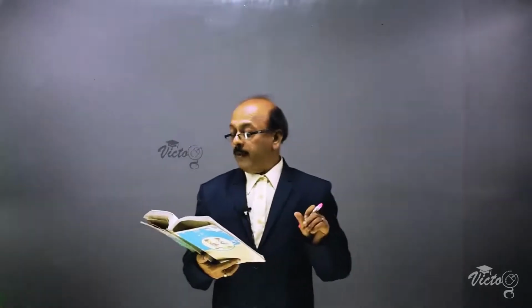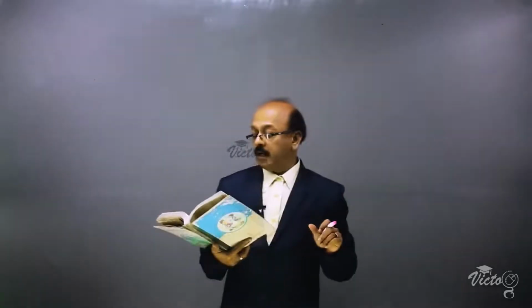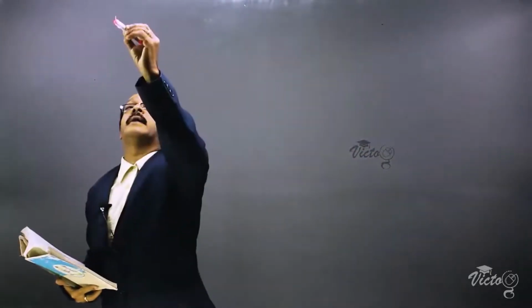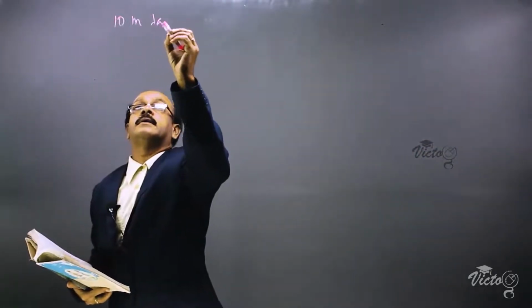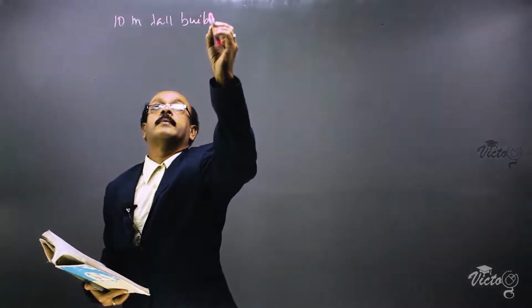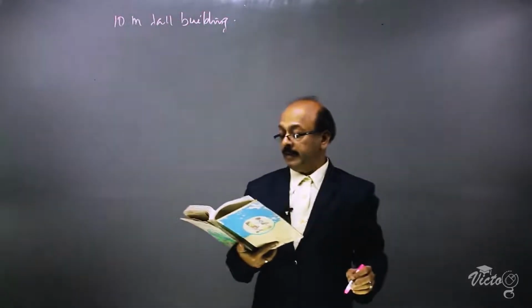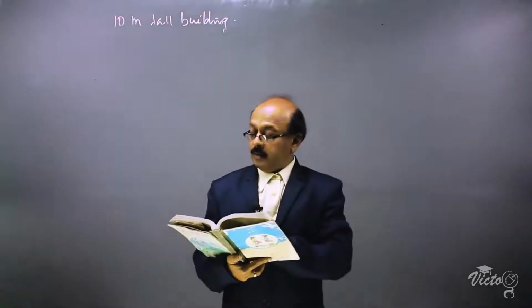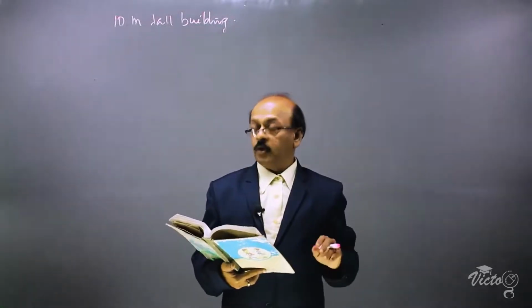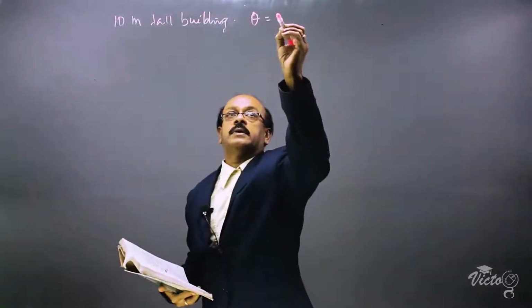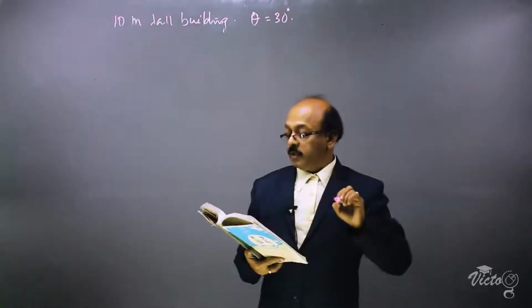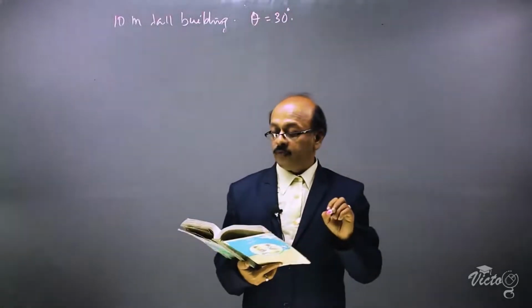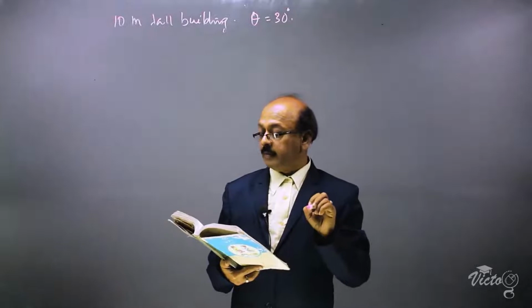The question is, from a point on the ground, the angle of elevation of the top of a 10-meter tall building is 30 degree. Angle of elevation theta is equal to 30 degree. From a point P on the ground, the angle of elevation of the top of a 10-meter tall building is 30 degree.